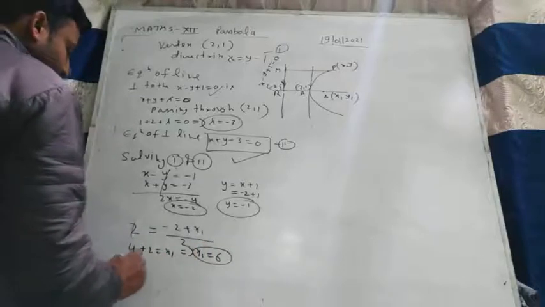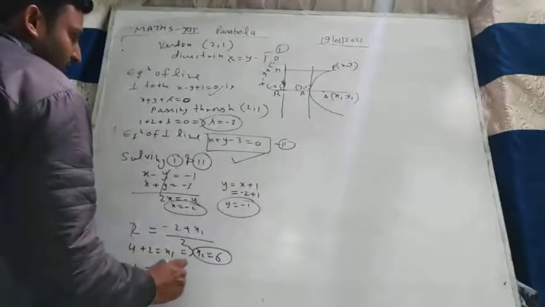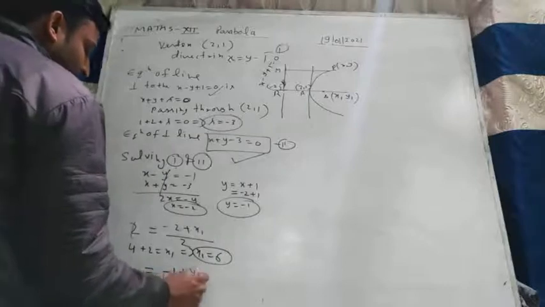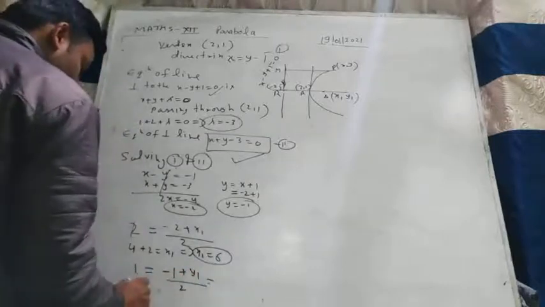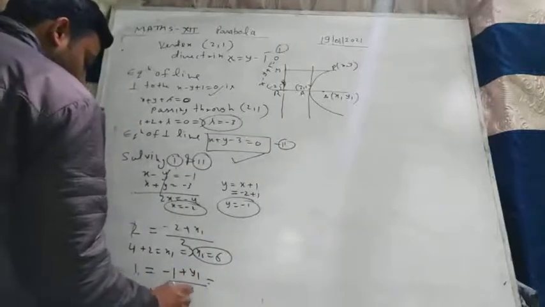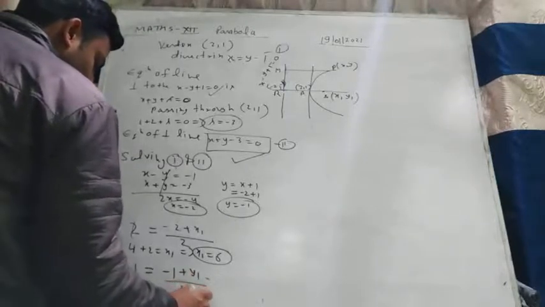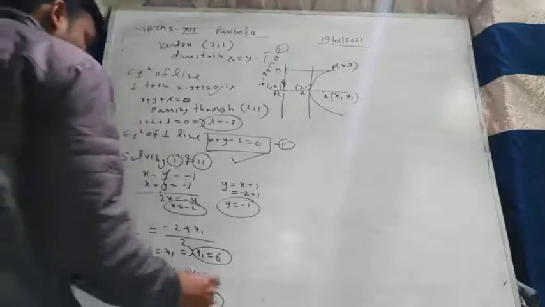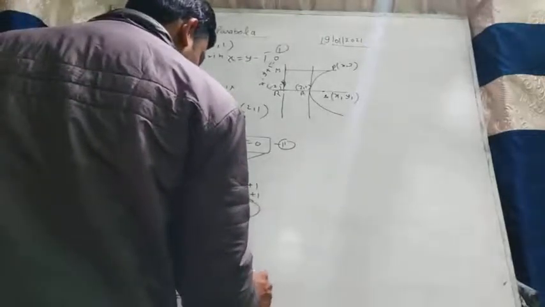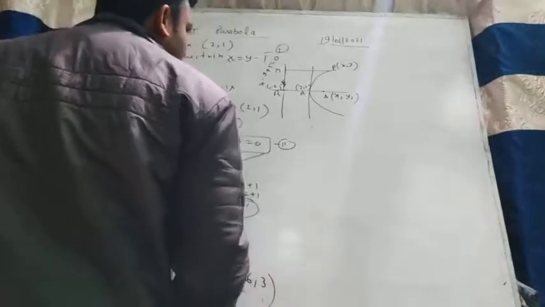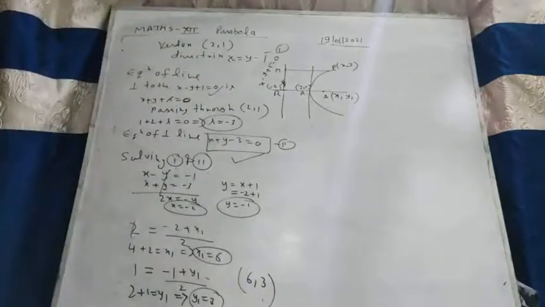Now 1 is minus 1 plus y1 by 2, so 2 plus 1 is y1, so y1 is 3. So the coordinate of focus is 6, 3.